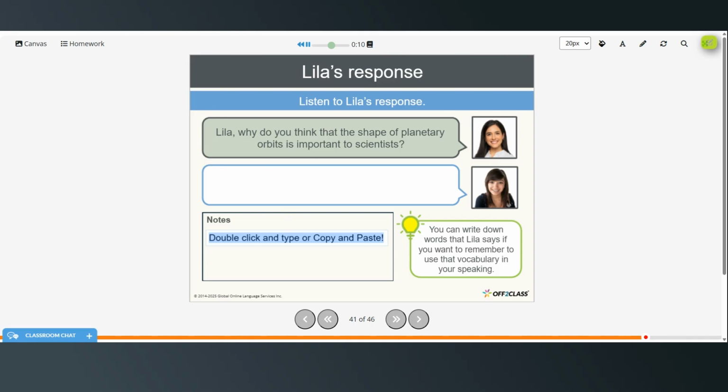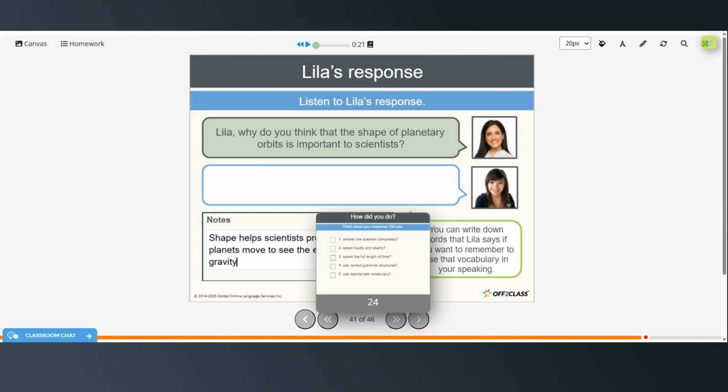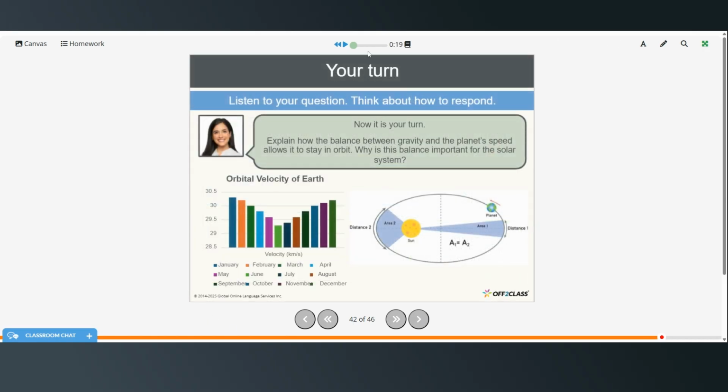The shape of planetary orbits helps scientists understand how planets move, predict their positions, and see the effects of gravity in our solar system. Leela talked about why the shape of planetary orbits is important to scientists.